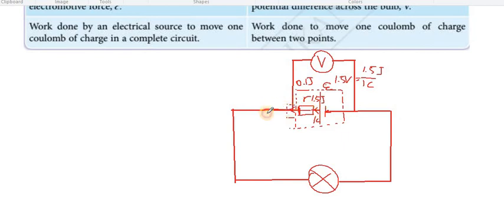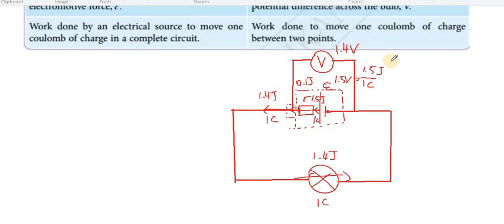So the charge that comes out only has 1.4 joule. When it goes through the bulb, it will only be able to do 1.4 joule of work for every 1 coulomb of charge. So the reading will show only 1.4 volt. Get the idea? Okay, so this is the reason.